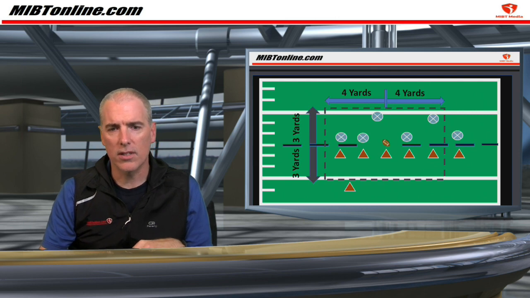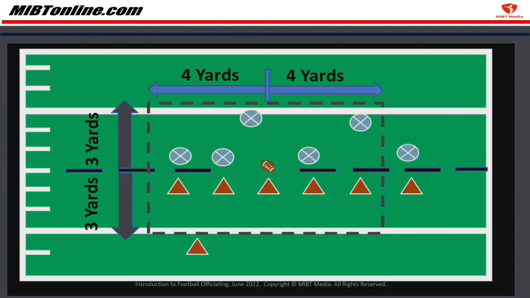So let's go back to our slides, now that we know this is how the free blocking zone is defined. And in order for the free blocking zone to exist, the ball must be in the zone. Once the ball leaves the zone, the free blocking zone no longer exists. So on those arrows, defense, offense, or both, if everybody's on the line of scrimmage and initial contact with the snap is below the waist, this is fine.